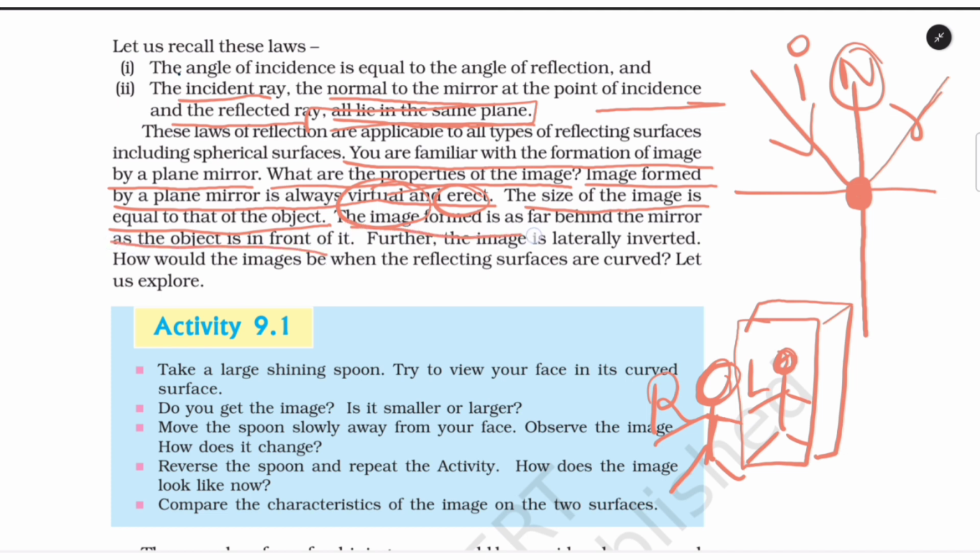The image formed is as far behind the mirror as the object is in front. If you are standing 2 feet from the mirror, then in the mirror also the image will form at 2 feet. How much distance the object is from the mirror, the same distance will be the image from the mirror. 2 feet here, and 2 feet there.